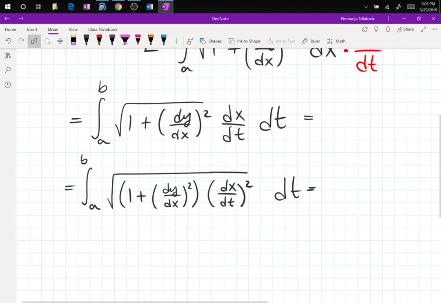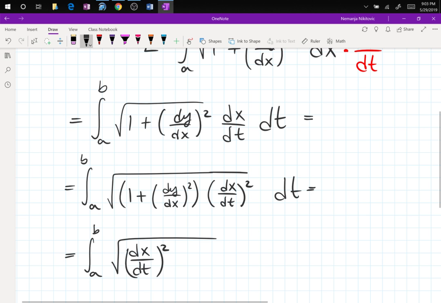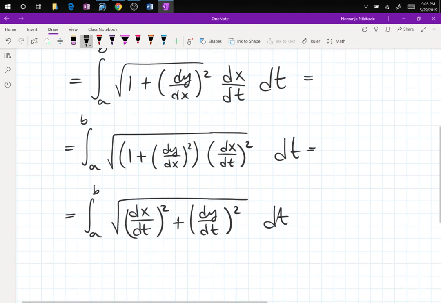And now you will multiply through, and you will get dx dt squared plus, and dx will cancel, and you will have dy dt squared dt.